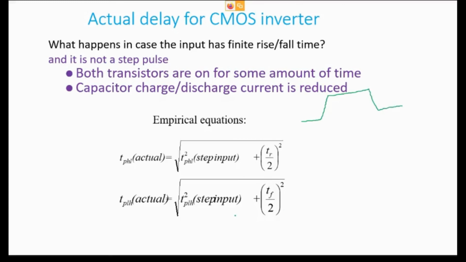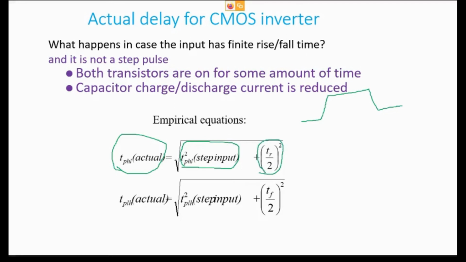So we have to include a certain factor to nullify that. What is that? Tau PHL actual, the one we calculated in the previous slides, is based on the assumption, but this is the actual. So your tau PHL is obtained when you are using a step input plus the rise time of the signal.